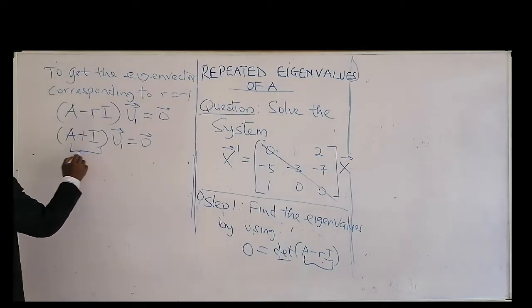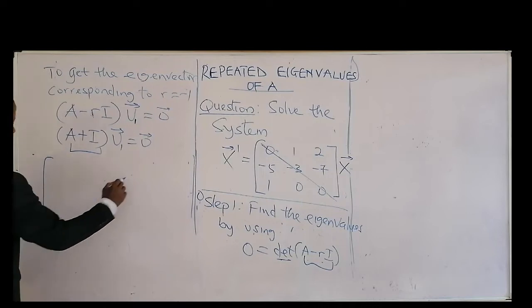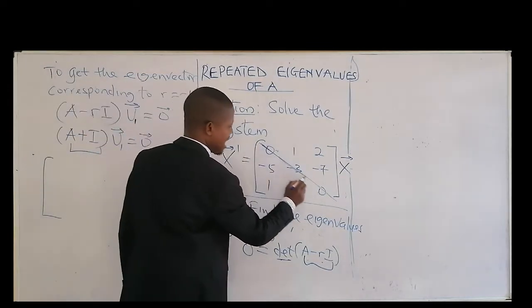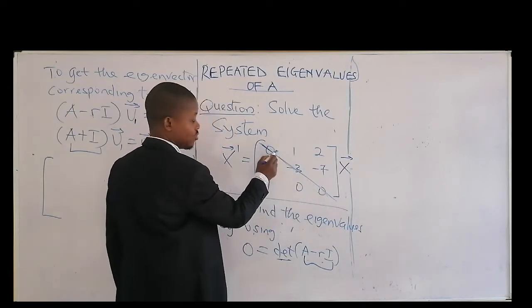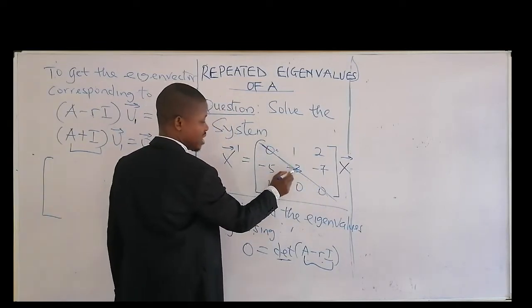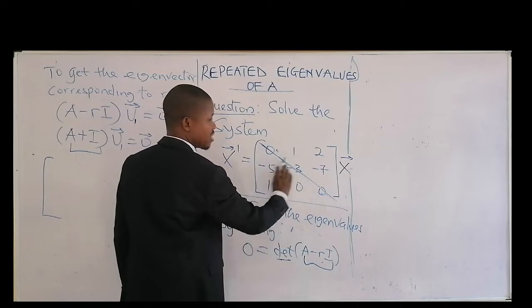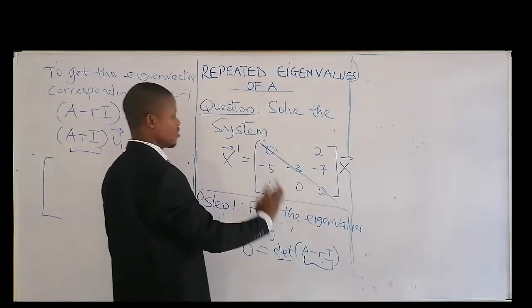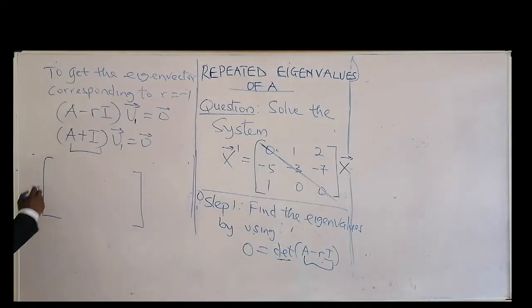The meaning of this expression is just go to your matrix, and to the leading diagonal add 1 to it. Plus 1 here, plus 1 here, plus 1 here, and the other values remain the same.